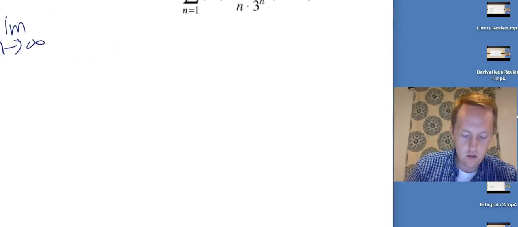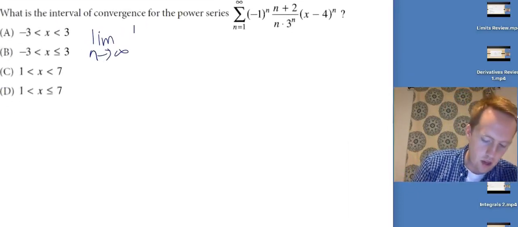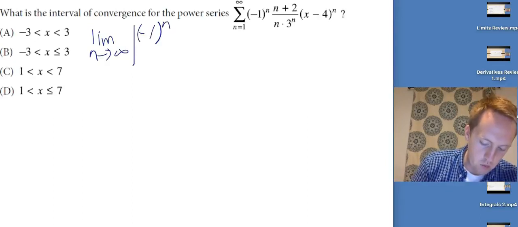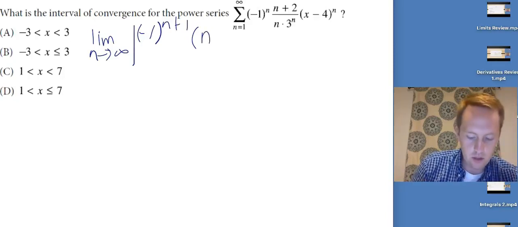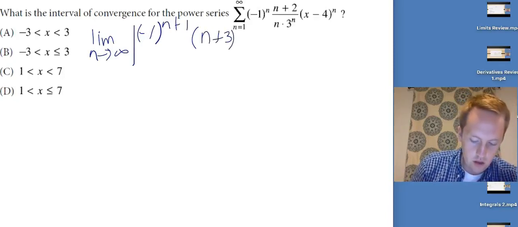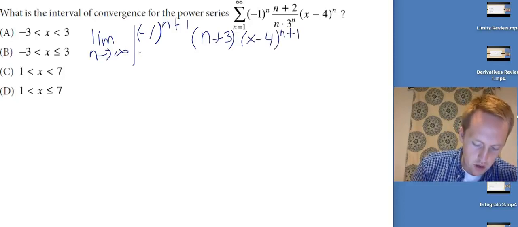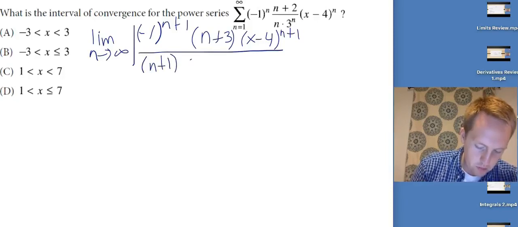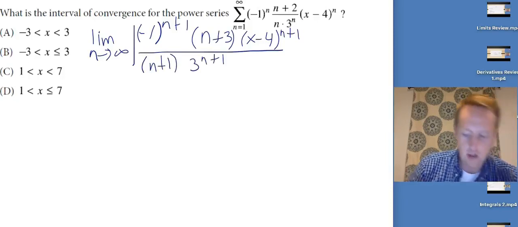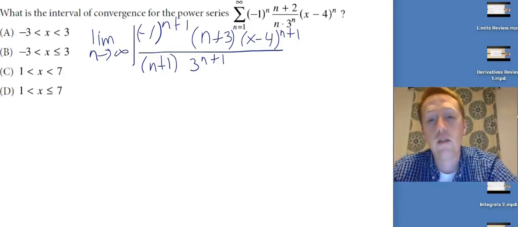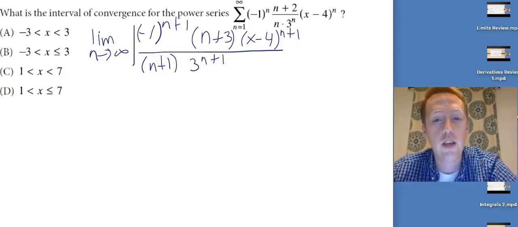So let's zoom out so I can see this. In absolute value, I have negative 1 to the n plus 1, n plus 1 plus 2, so n plus 3, x minus 4 to the n plus 1, over n plus 1, 3 to the n plus 1. Now I know what you're all thinking. How is he possibly going to fit the rest of that in that tiny little white rectangle?